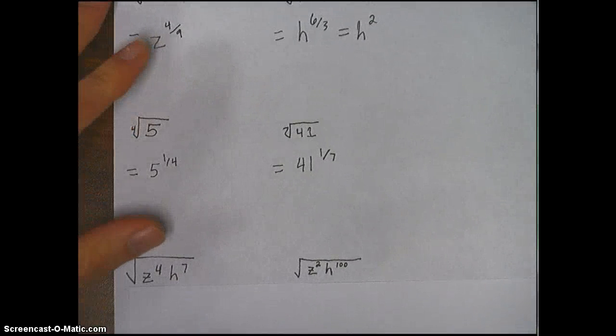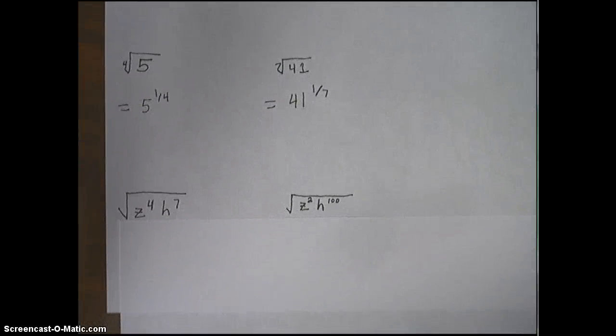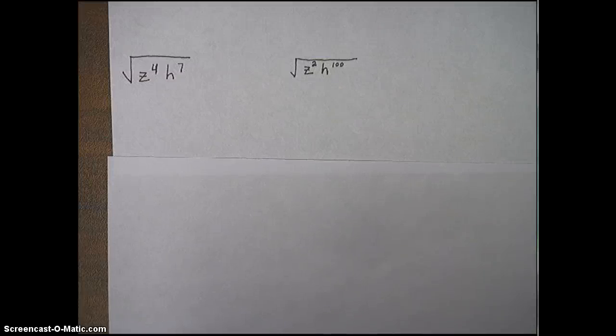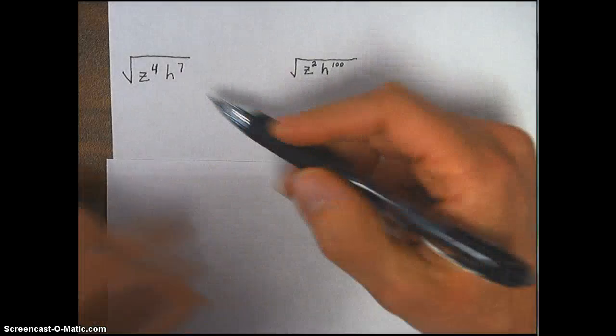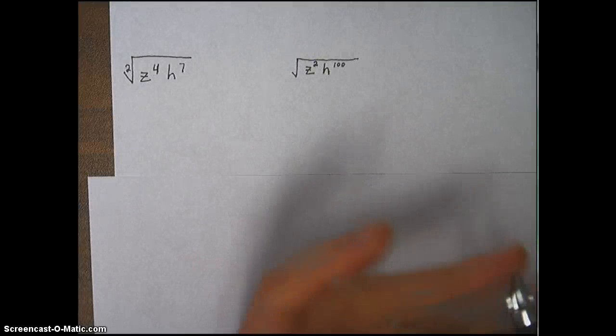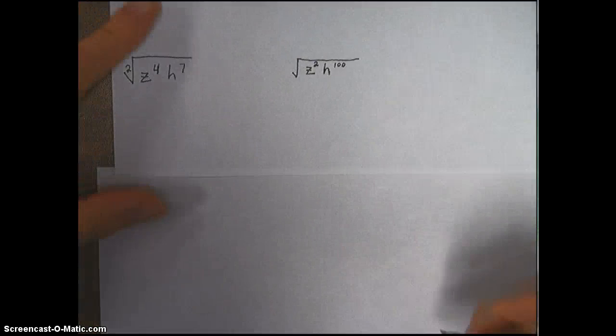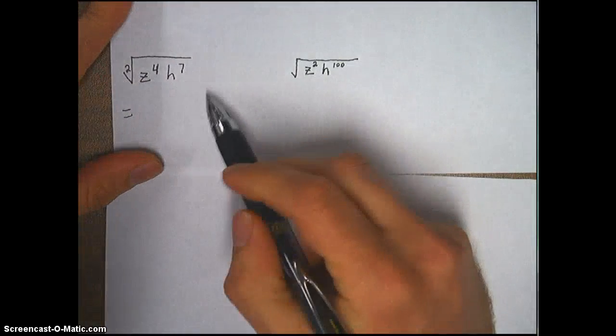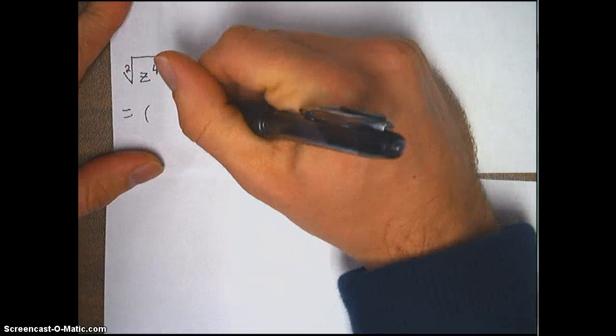All right, so the hardest ones you're going to see aren't really that hard at all. Something like the square root, remember that's a 2 in there, a fractional exponent of 1/2, sorry. The square root of z to the 4th, h to the 7th. Well, let's start by writing that as a fractional exponent. I'm going to put everything under the square root in parentheses here.